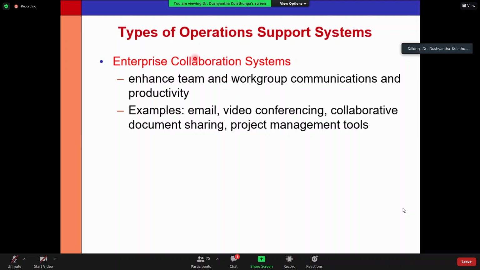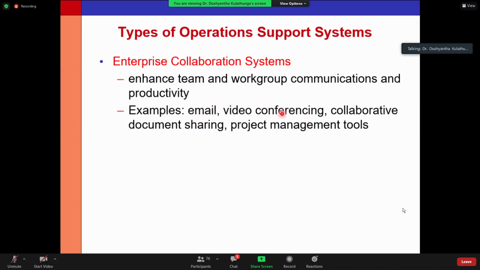So different systems can be utilized by them to facilitate this intergroup communication and collaboration and improvement of productivity. And those tools can include email, video conferencing, collaborative document sharing, project management tools, and so on.